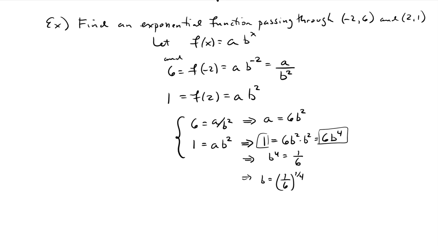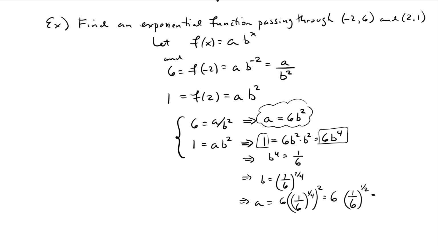Okay. And then coming back to my initial equation that relates a to b, a is going to be 6 times ((1/6) to the 1/4) squared, that's b squared. So the power is going to be 2 over 4, in other words, 1/2.